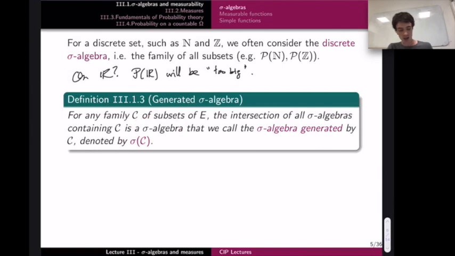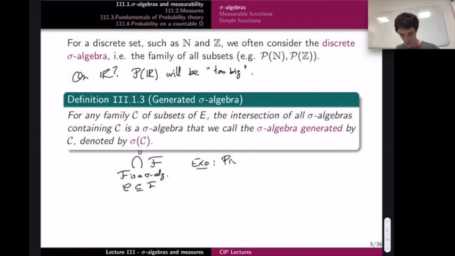And we call this sigma algebra the sigma algebra generated by C. To put this clearly, this sigma of C is the intersection of all the sigma algebras F such that F is a sigma algebra and C is included in F.